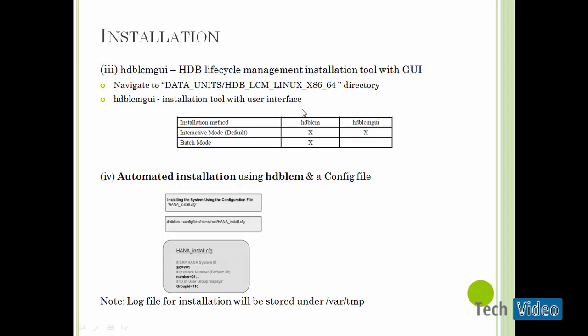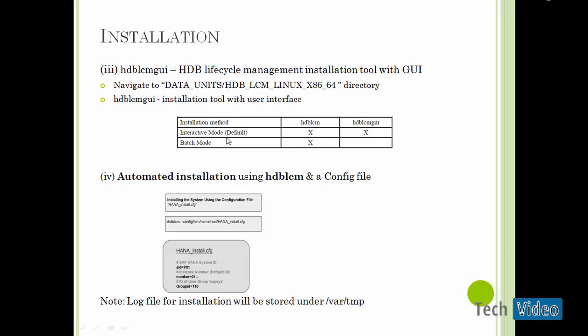There is not much difference between HDBLCM and HDBLCM GUI apart from the GUI, where you can just enter the inputs and monitor the installation. You don't have to run it on the server as a command, but just issue the command and the rest everything happens on a graphical user interface.